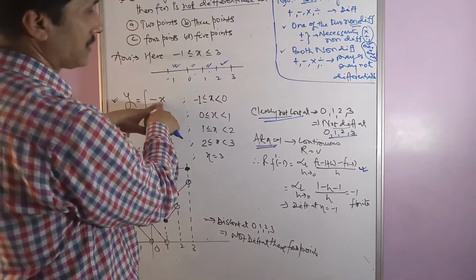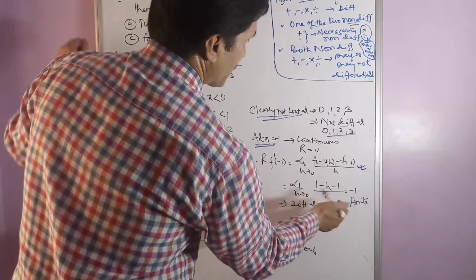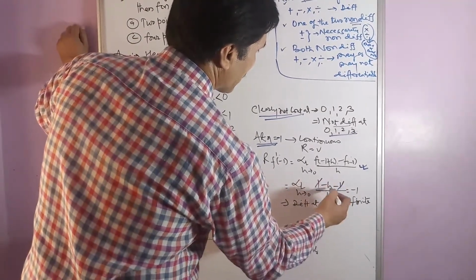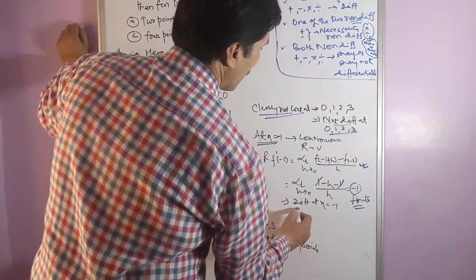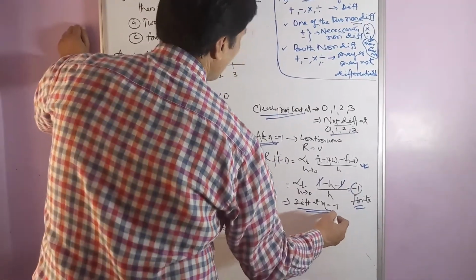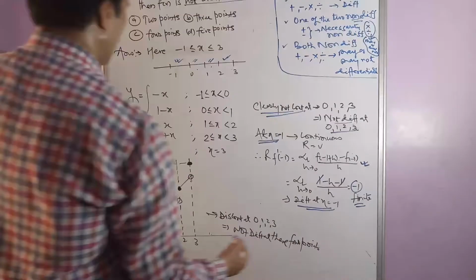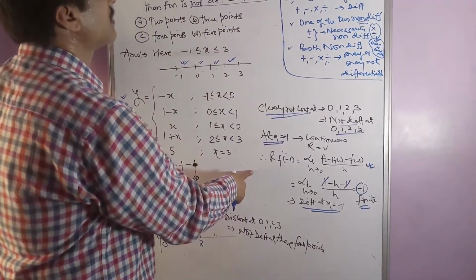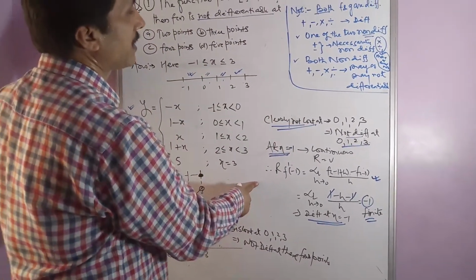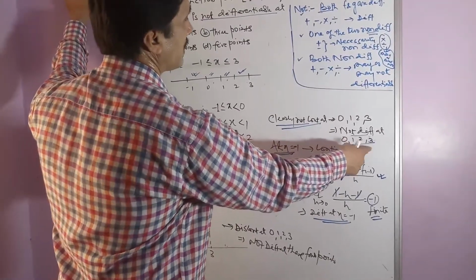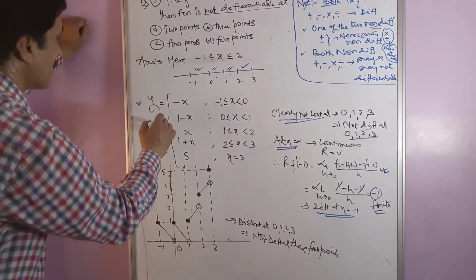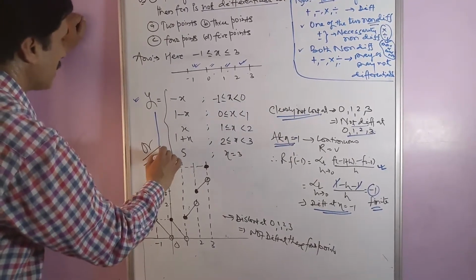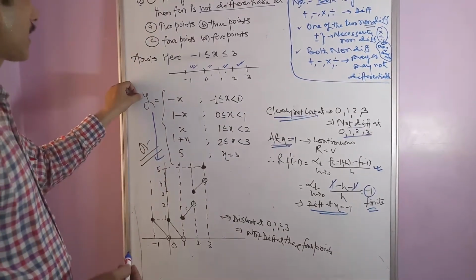Obviously f of -1 is 1, and cancelling, we get minus h by h, which is minus 1, finite, so differentiable at x equal to -1. Thus the function is not differentiable at 4 points: 0, 1, 2, 3. If we see this question in an alternative way, we draw the graph of this function.